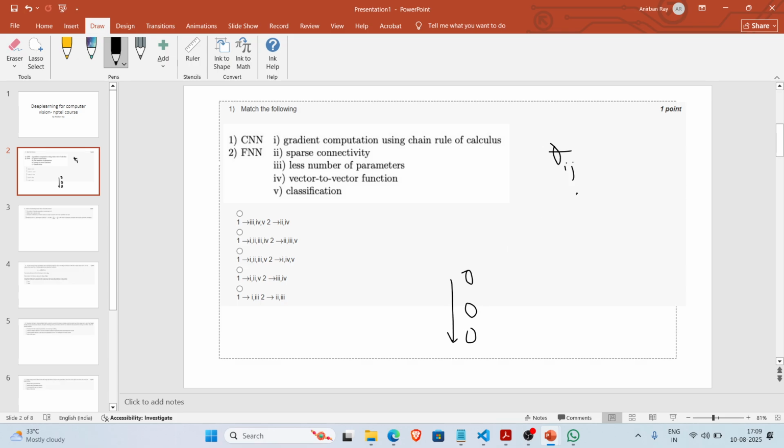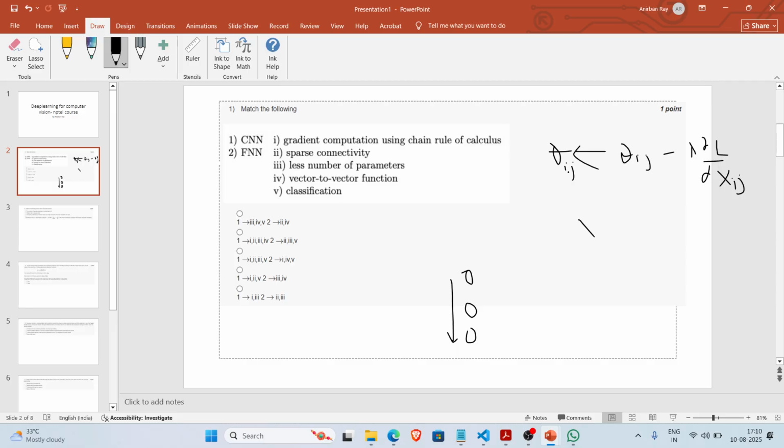So the jth column, theta ij, can be updated from the previous value with the learning rate, suppose lambda, and del by del of the previous value. And this is the loss function you have.